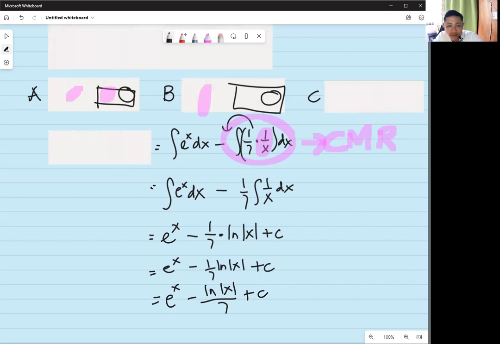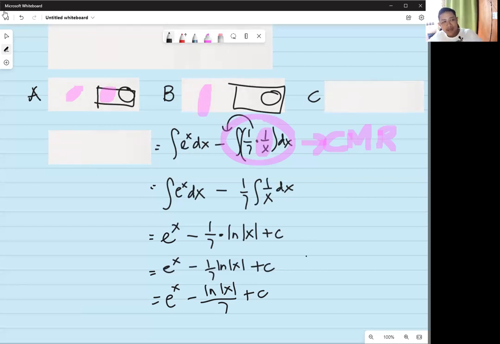Yung nauna po. Ito. Hindi na. No need to make them or put them together kasi we already separated them and put 1 over 7 outside as a weighting coefficient. Okay? Is that clear? Lumiwanag naman ba? Okay, good. Thank you so much.